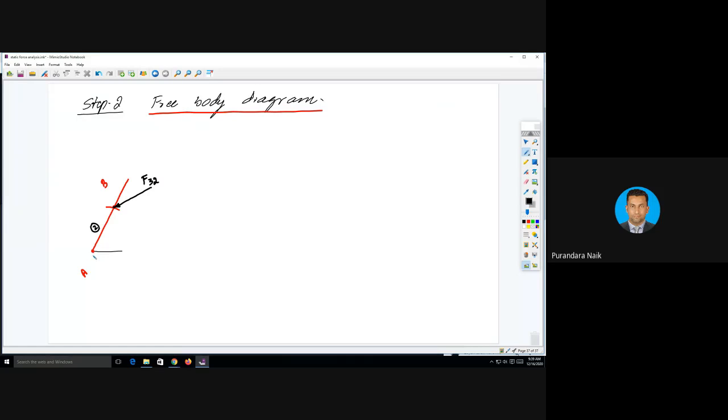And I have one more, the torque, okay? T. I have one more force, but I don't know the direction of this force. That is F12. I know the direction of F32, but I don't know the direction of F12. This is the free body diagram of link number 2. Any doubt?